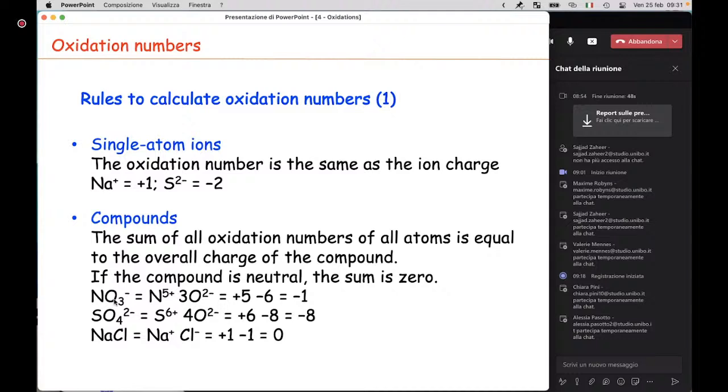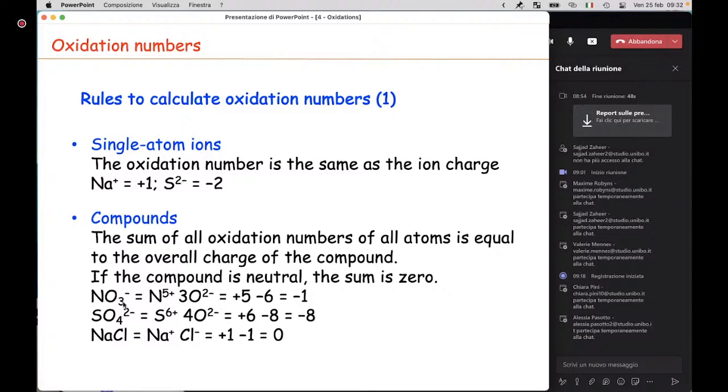In peroxides, oxygen is -1, and in the oxygen molecule, oxygen is 0, because it is a homoatomic molecule, so the two atoms will have the same charge, which is 0. But everywhere else oxygen is -2.